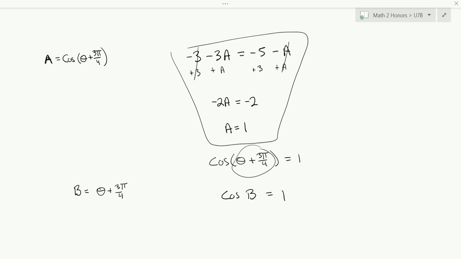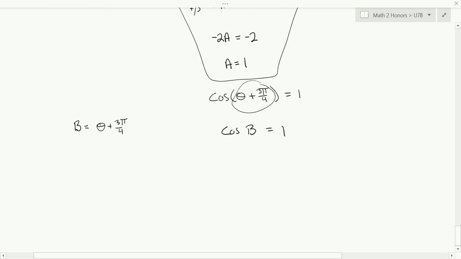You could leave it like this, but I'm just showing you probably the way you want to do it here. So now when I have this, much easier, cosine of what is 1, and then you start doing what we did in the notes, thinking, okay, is there a reference angle?